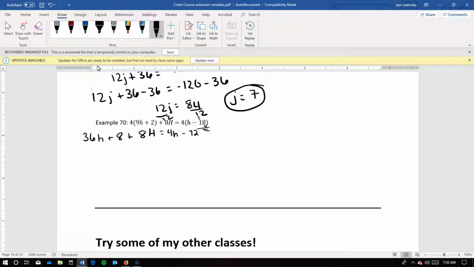All right, let's get all of our little h's together. If I bring this over, it becomes a negative. All right, so if I take 4 away from 36, I get 32h.